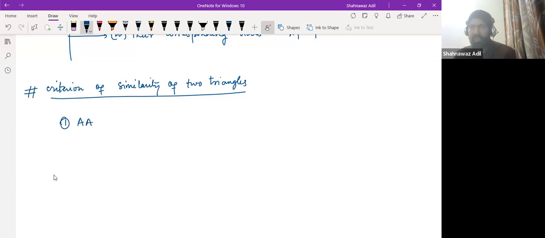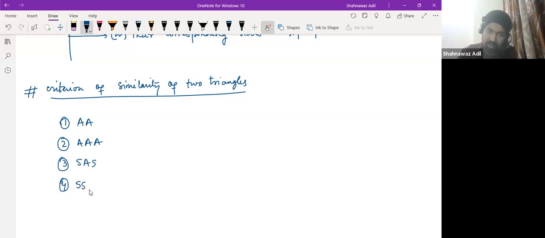If two angles are equal, then they would be similar, and this can also be extended to AAA similarity. And then we talked about SAS, and the fourth one was SSS.